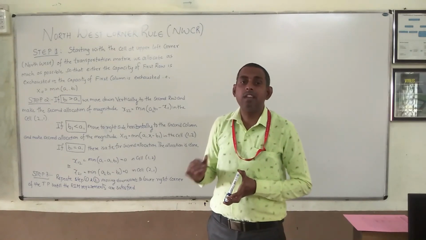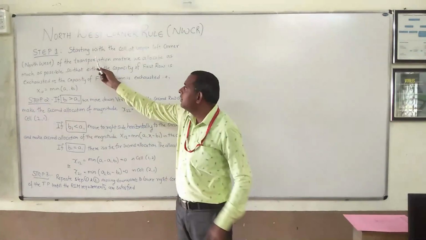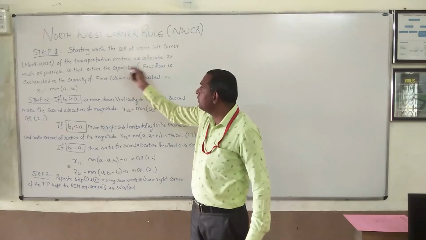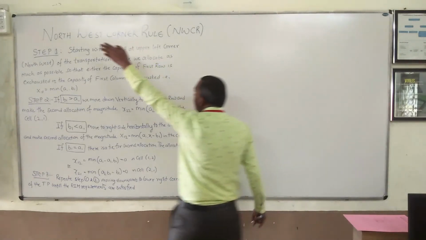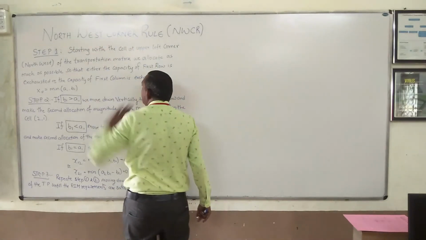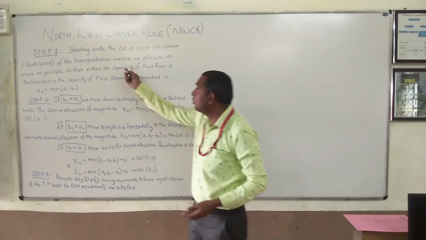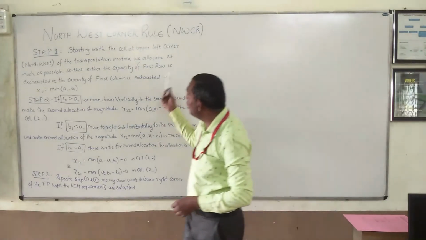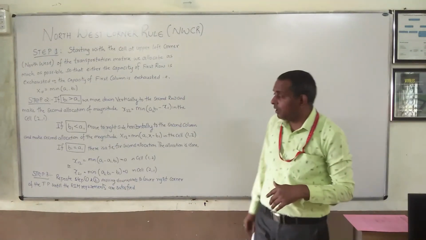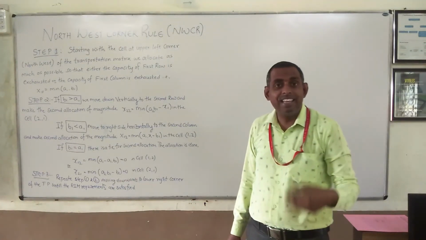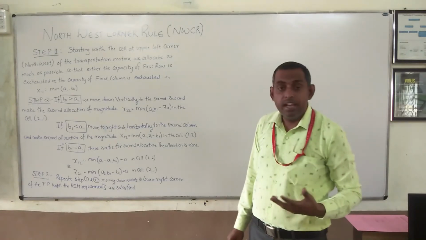So step 1, starting with the upper left corner, which is called the northwest corner of the transportation matrix, we allocate as much as possible so that either the capacity of the first row or the capacity of the first column is exhausted.